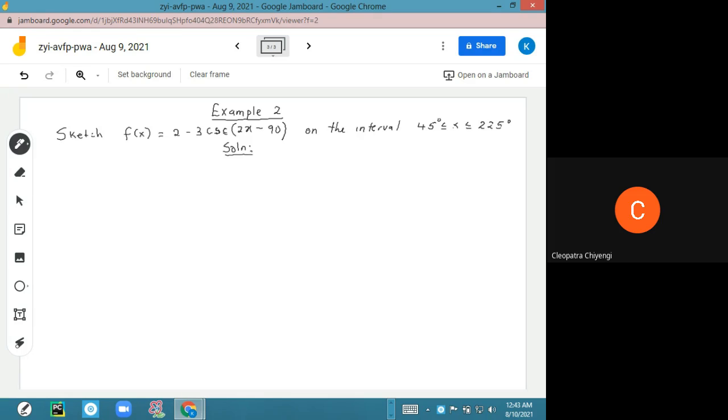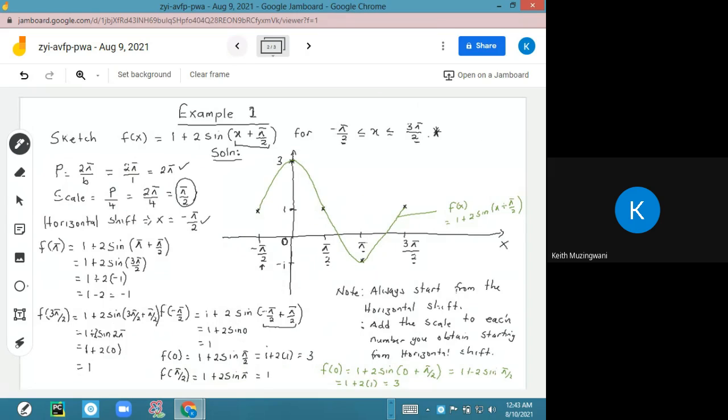When I asked the question about why aren't we finding the vertical shift and the amplitude, you said that it's not necessary when you're sketching. So when is it necessary for you to find the amplitude?